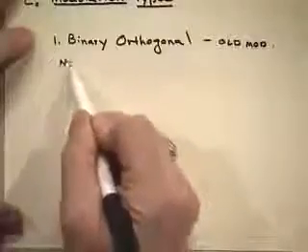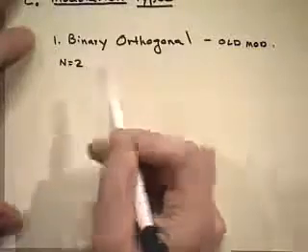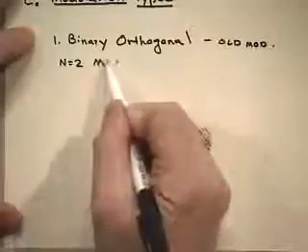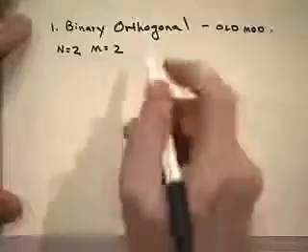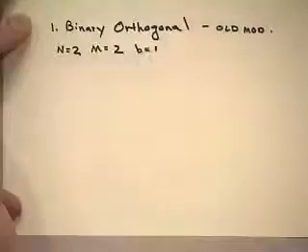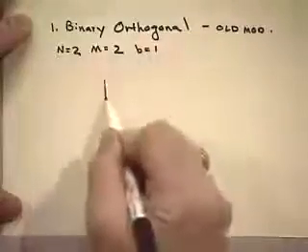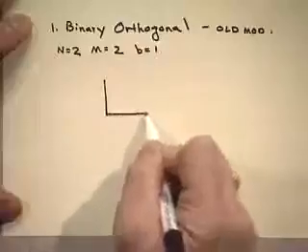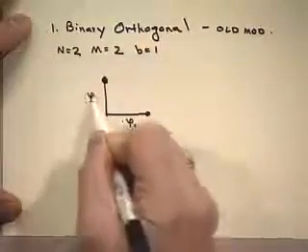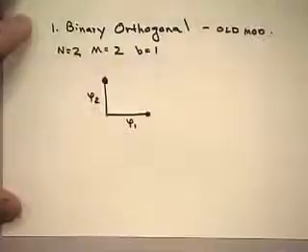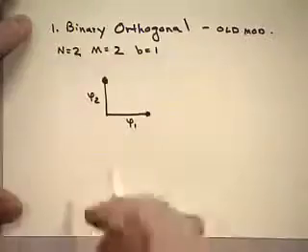And they have n equal to 2 and m also equal to 2 messages. So B is equal to 1. And the signal constellation looks like this. We have 2 basis functions, and one of the messages is essentially transmitting the first basis function, and the other message is transmitting the second basis function.